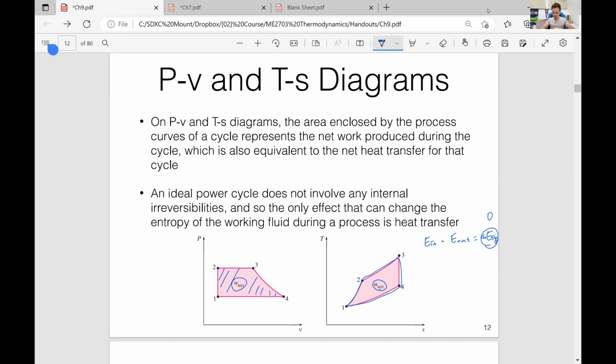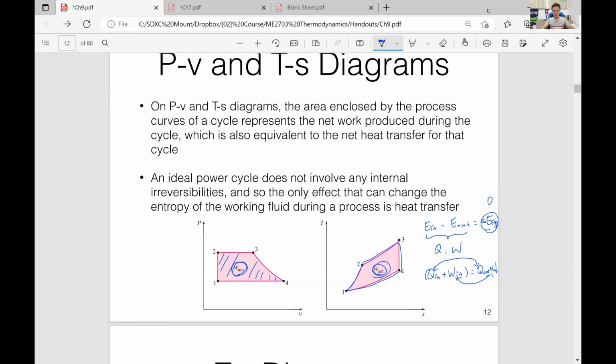For a closed system, the energy transfer is by heat and work. Then Q in plus work in equals Q out plus work out, right? So if you combine the heat and you combine the work, you can see the net work out is the same as the net work in. That's why the net heat is also the net work.